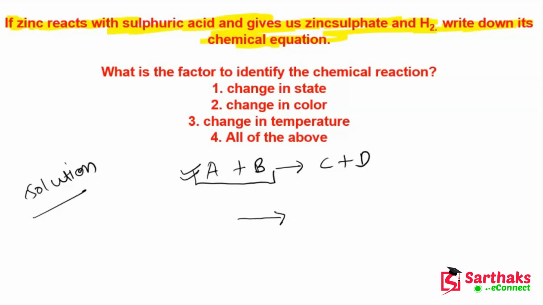So in this reaction, we have to identify what all are the reactants and what all are the products. Zinc is reacting with sulfuric acid, so zinc and sulfuric acid are the reactants. So zinc plus sulfuric acid.